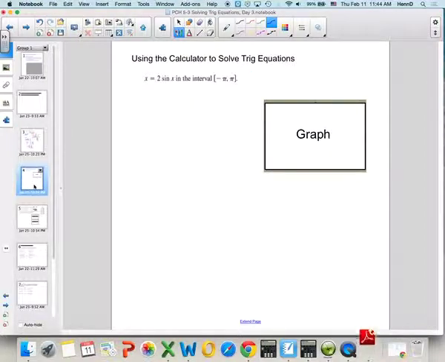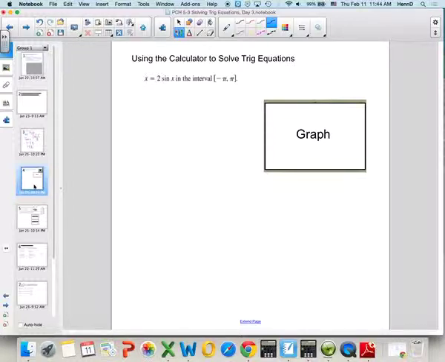Now, here's a case where there's really no good way to solve this. Because you'll notice on one side of the equation we have a linear function, just x.